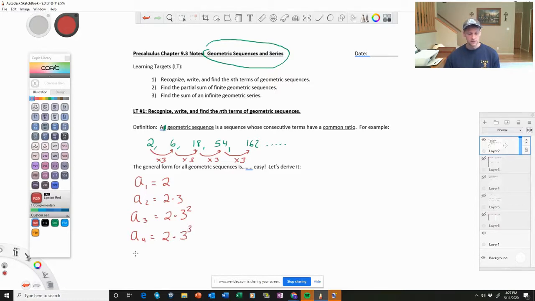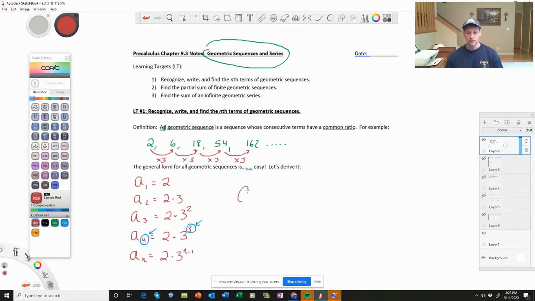So if I wanted to find the nth term for this particular sequence, I would say it's 2 times 3 to the power of, study this carefully, notice the relationship between the exponent there and the term number. It's one less. Therefore, the nth term would be 2 times 3 to the n minus 1, which should make sense, because to find the fourth term, you start with 2 and then multiply by 3 three times.